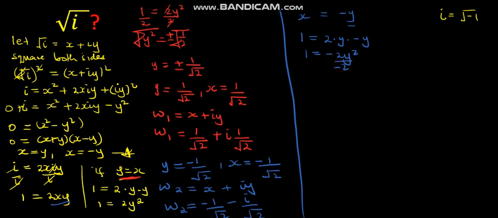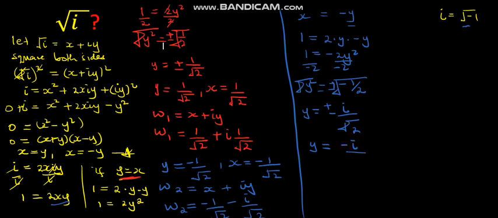We shall divide by negative 2, and we shall have y squared is equal to negative 1 out of 2. We take the roots on both sides. After taking the roots, we shall have plus or minus i, because we know that the square root of negative 1 is i, as we said earlier. So we shall have that divided by root 2. Is that okay? Either we can say y is equal to negative i out of root 2.